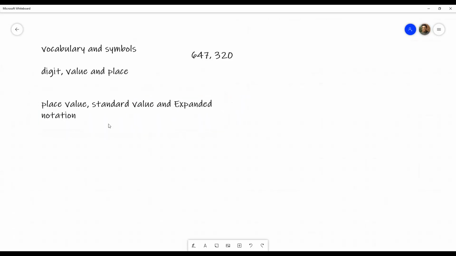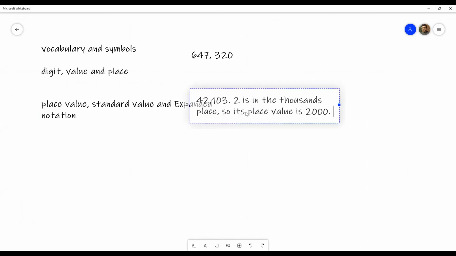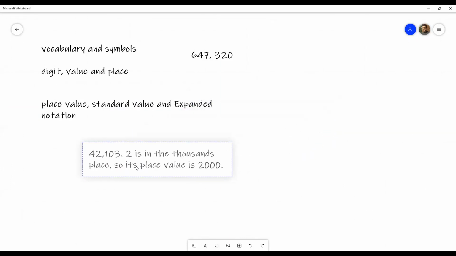Okay, let me tell you about place value. Here it says 42,103. Okay, there's an example. I will copy it and send it over here. Control V. Yeah, I got it from the PDF.